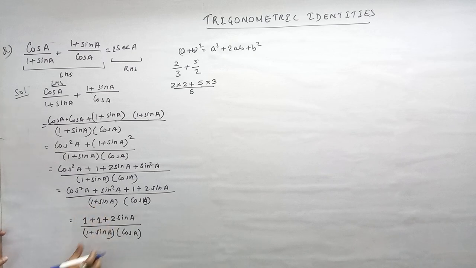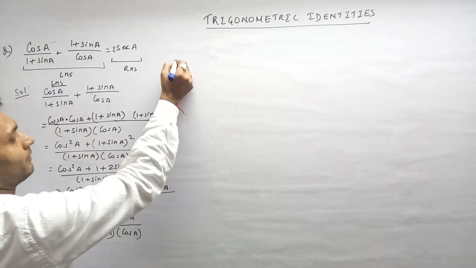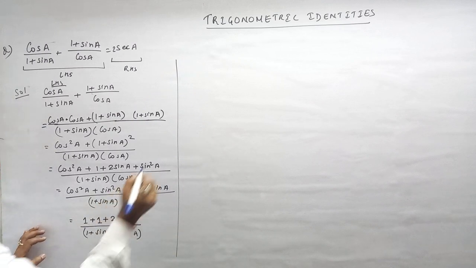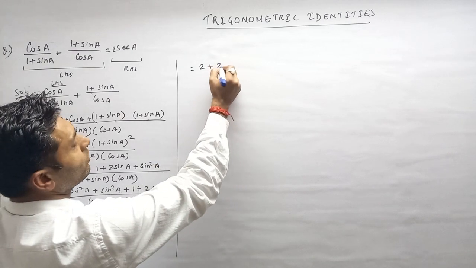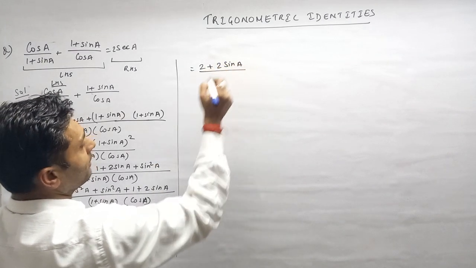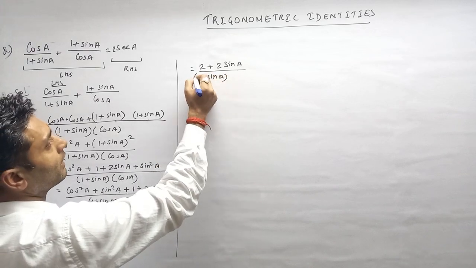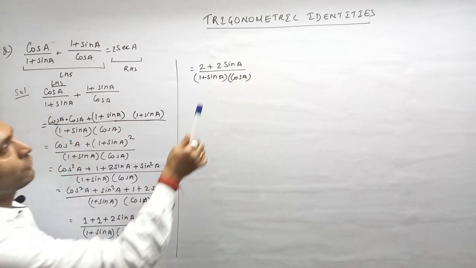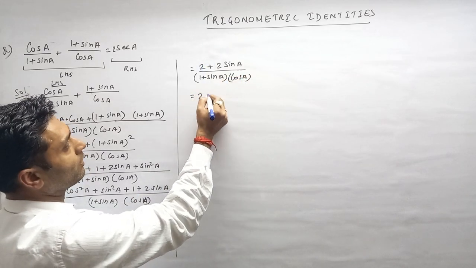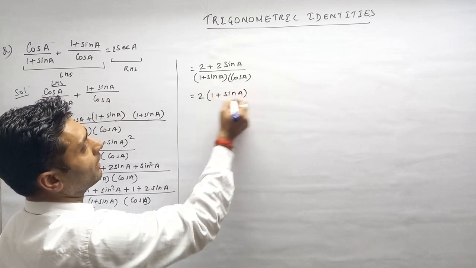Right? Let me continue on the right hand side. Okay, I continued here. 1 plus 1 is equal to 2 plus, this is 2 sine A, divided by, again the denominator is 1 plus sine A into cos A. Okay, so in the numerator, if you see 2 is common, this is 1 plus sine A, right?